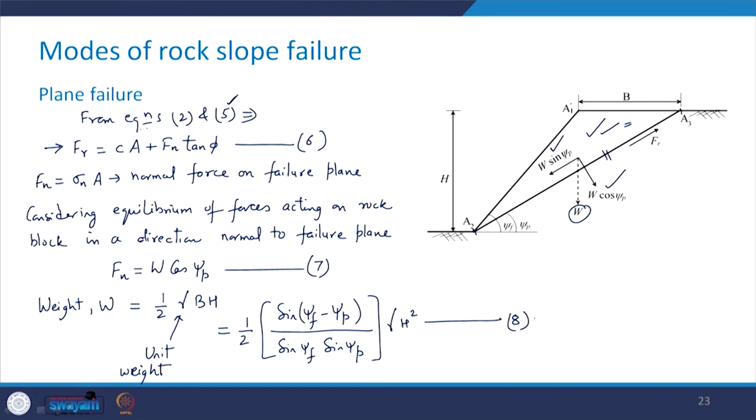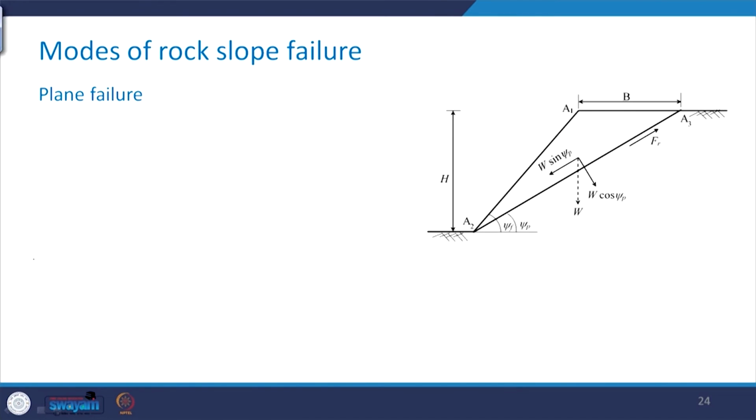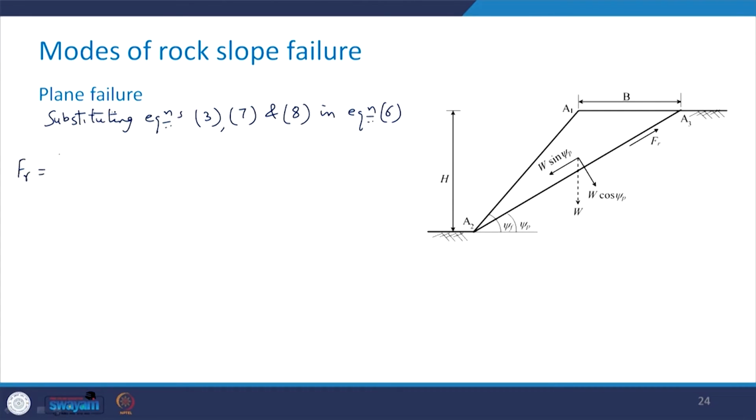This is equation number 8. Now, we carry out the further analysis and we substitute equations 3, 7 and 8 in equation number 6. This is what we are going to get: Fr equal to Ch upon sine of psi p plus half, substitute the expression for W here.